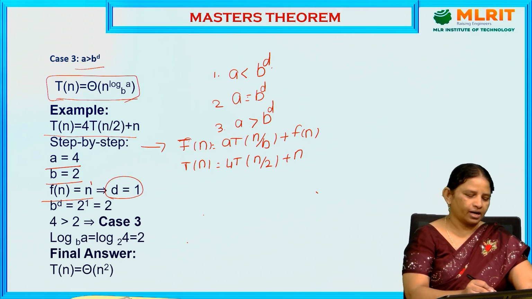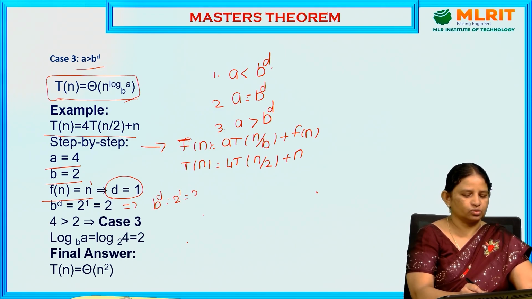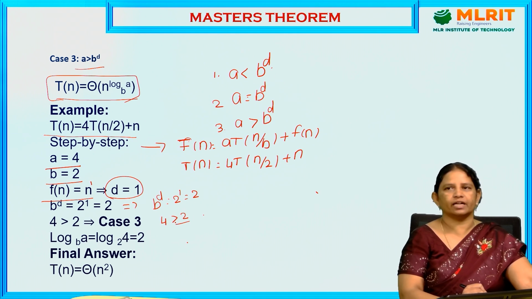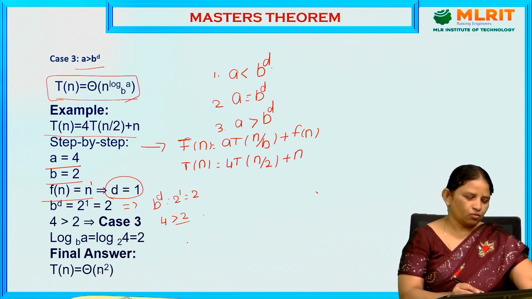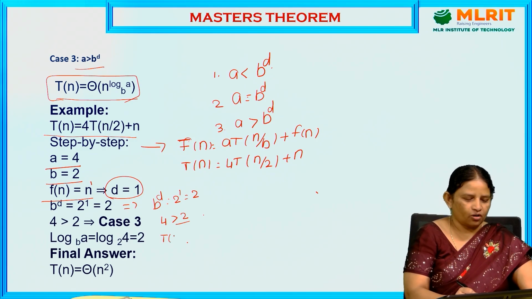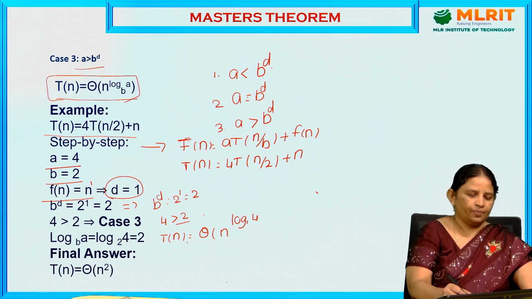Now find out B power D. B is 2, 2 power 1 is 2. What is A? A is 4, greater than 2. Condition true. Apply case 3. According to case 3, what is the time complexity? T of n equal to theta of n to the power of log A. Log A means log 4 base 2.